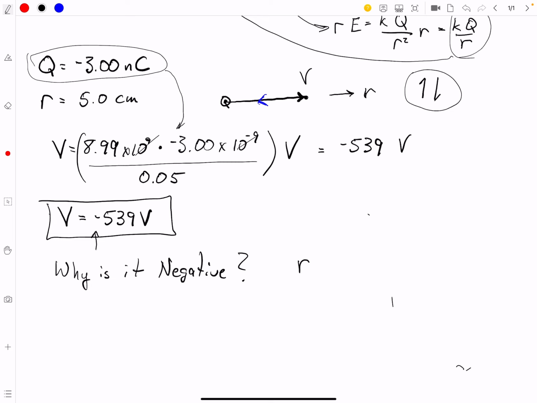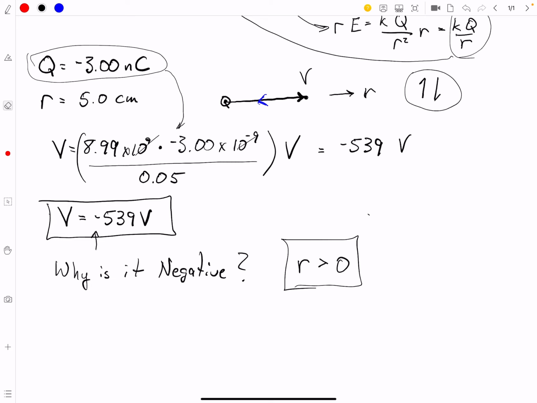R can never be less than 0. It can equal 0, I suppose, but let's just say it's always got to be greater than 0 for our sanity's sake. So since it always has to be greater than 0, the only thing that can change then is the direction of the E field.